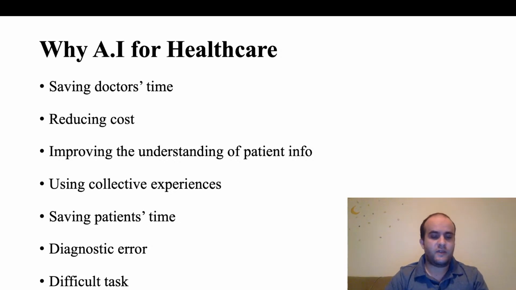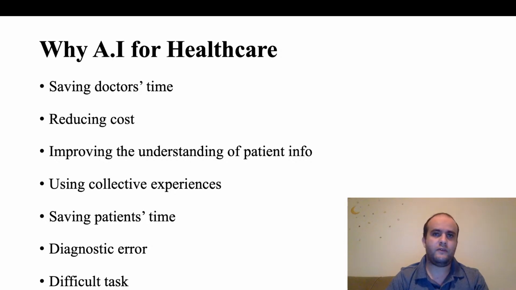Another thing is saving patient time. This is also a very significant factor. For example, a sick person who goes to the hospital needs to fill up a lot of documents and write down a lot of information which is already in the system, and he will be spending like 15 or 20 minutes just writing information which is already in the system and confirming that.